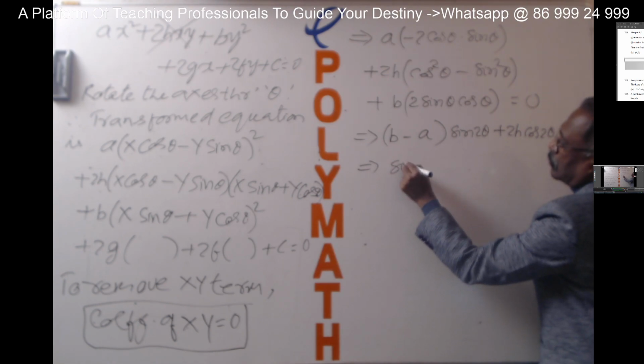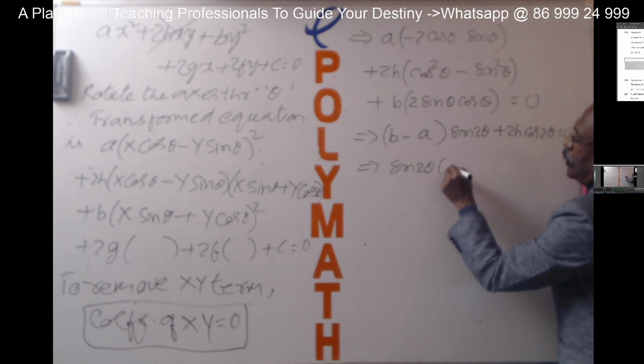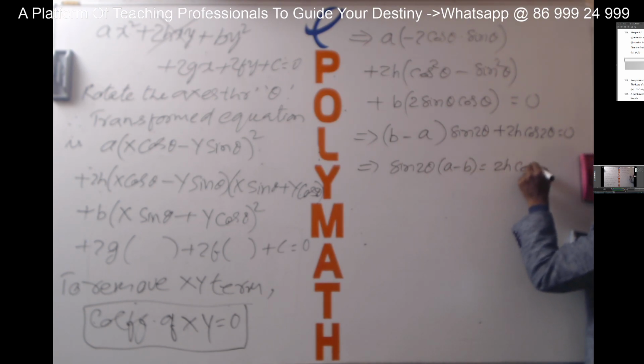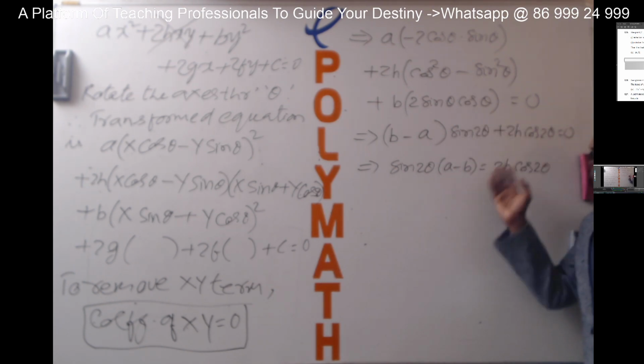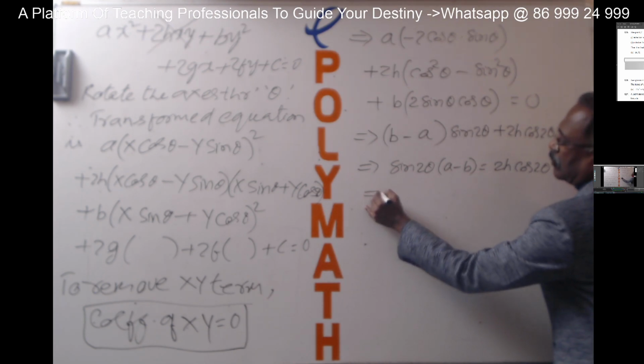Now, sin 2 theta into a minus b is equal to 2h cos 2 theta. I shifted this term to LHS or RHS, whatever, the sign is sent inside.